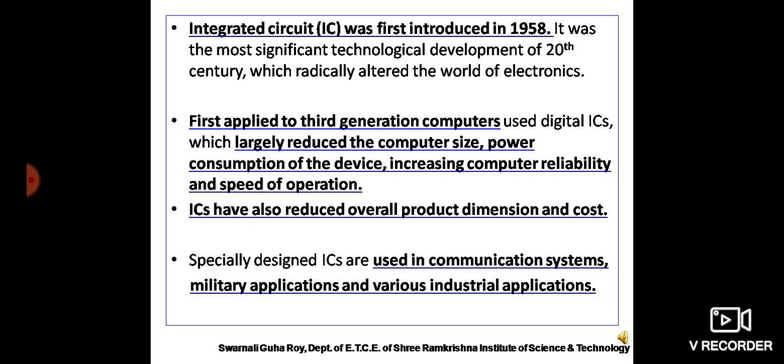Specifically, when you write in your exam, you can write that we use ICs in communication systems like mobile phones and military applications like radars, and various industrial applications. Industrial applications are numerous; you can study them through the internet. There are various applications of ICs.